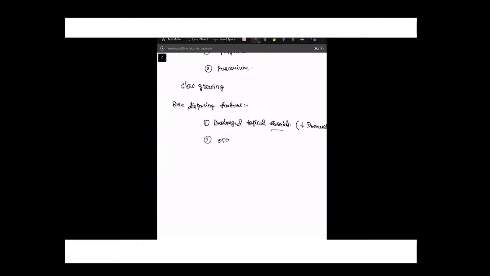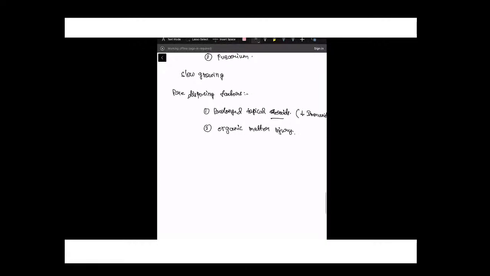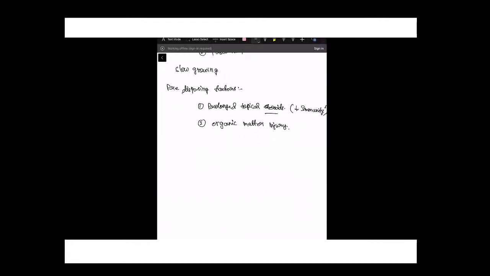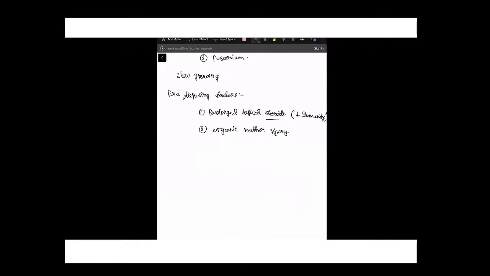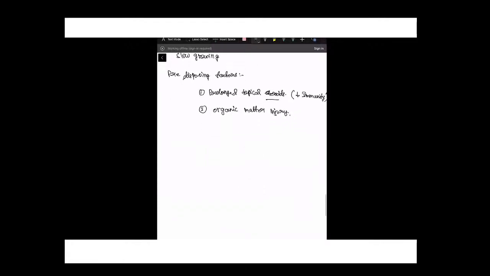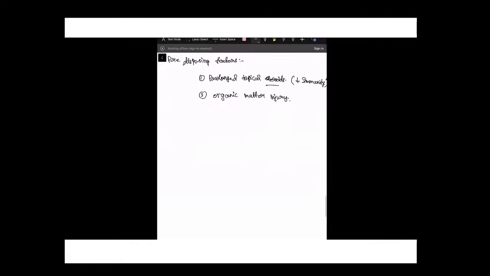And the second one, organic matter injury. It can be a vegetable injury, a plant injury, or the tail of a cow. So any organic matter injury is a predisposing factor for fungal keratitis or fungal ulcer.